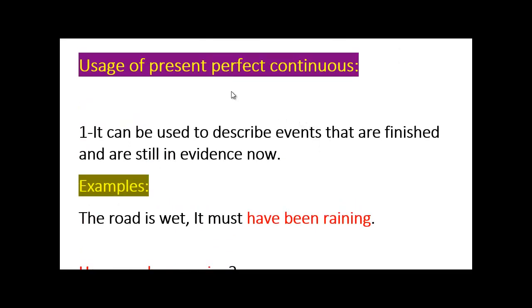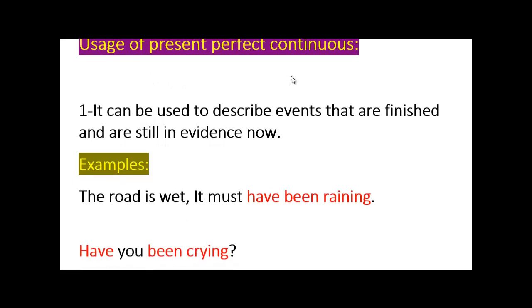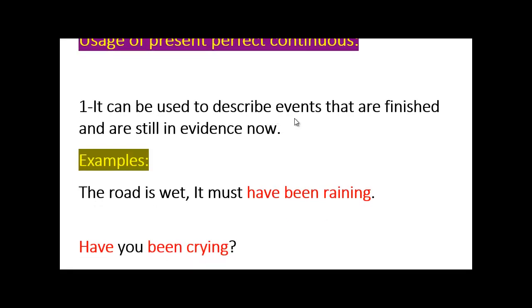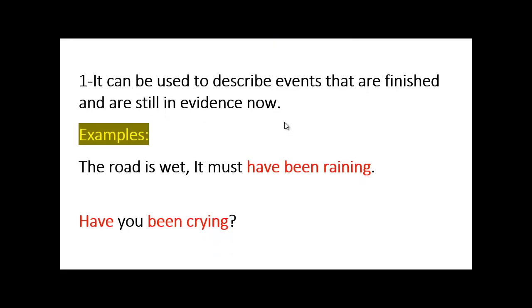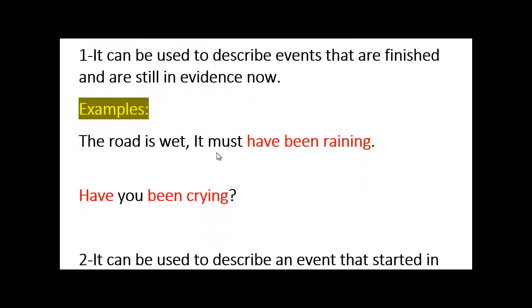Now, how to use the present perfect continuous, in what conditions? It can be used to describe events that are finished and are still in evidence now. Something shows some evidence about it. The road is wet. It must have been raining.